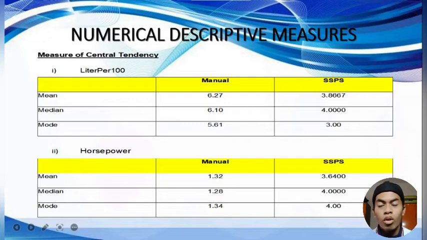Next is horsepower. The mean for horsepower manual is 1.32 and for SPSS is 3.6400. For median, manual is 1.28 and for SPSS is 4.0. And mode for horsepower manual is 1.34 and for SPSS is 4.0.